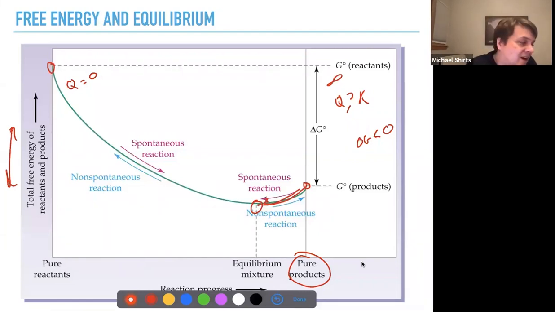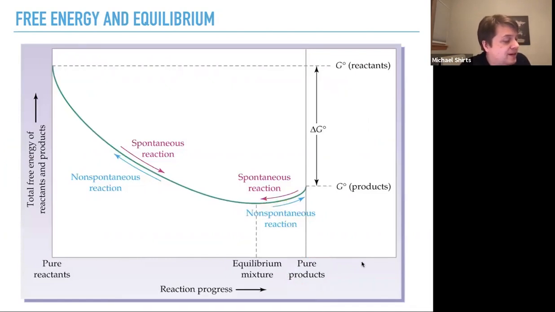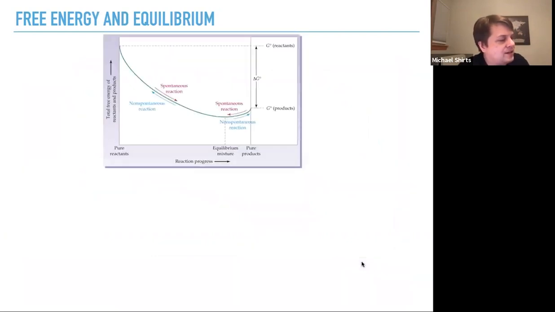In the same way, if it's all reactants, it'll react all the way spontaneously until it reaches that point. And any reaction that moves away from that point, that increases the total free energy of the system, is going to be non-spontaneous.